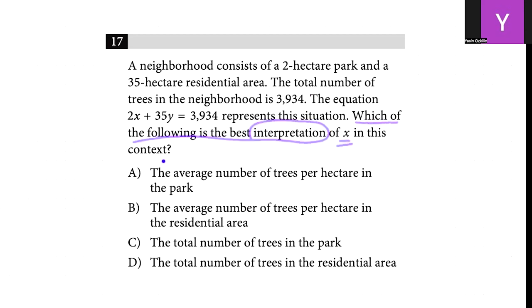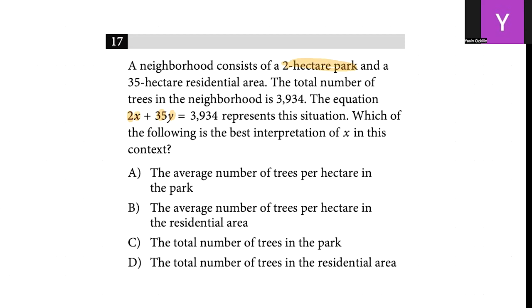All right, let's start to work on the question. First of all, you can understand that in an equation, the x and y are very close, linked to 2 here and 35 here, so they are working together. First, you see the 2-hectare park, and this x, they are very connected to each other for a reason.